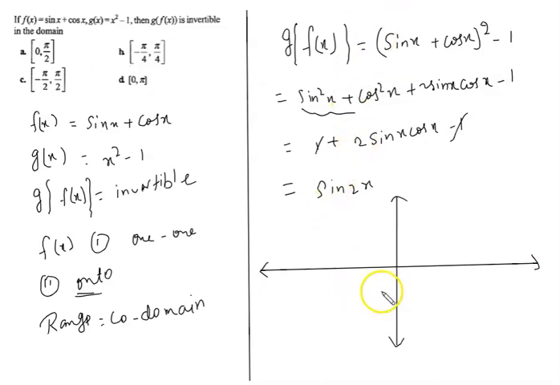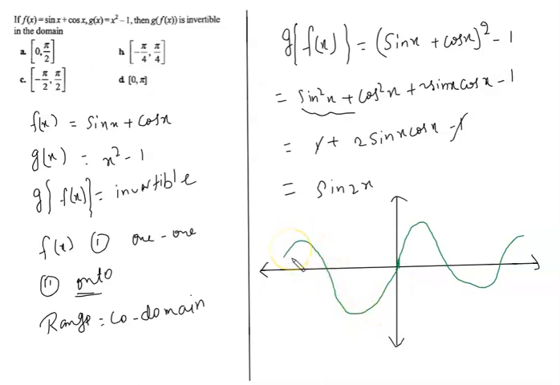We know that the graph of sin x will be like this, from 0 like this.